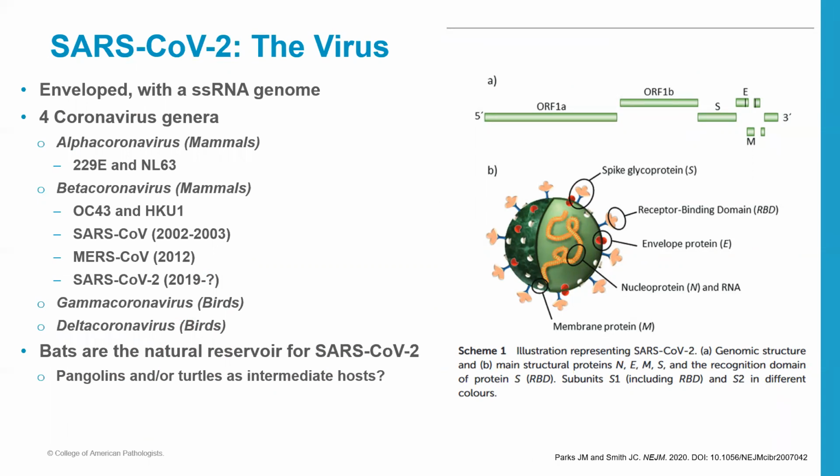There are 4 under this: alpha, beta, gamma, and delta coronavirus. Usually the alpha and beta are found in mammals, and SARS-CoV-2 belongs to the beta coronavirus. It is said that the natural reservoir of SARS-CoV-2 is bats, and the intermediate host is said to be pangolins.